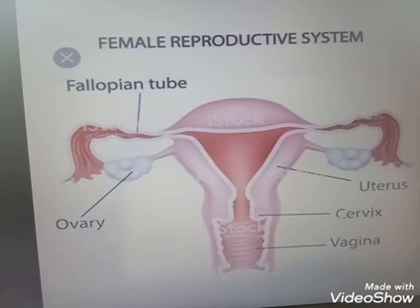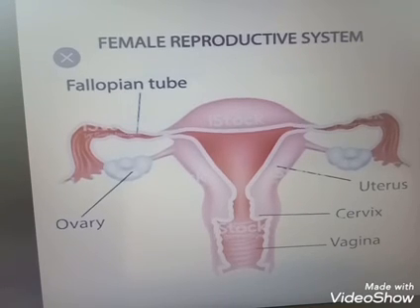And the inner glandular layer is known as the endometrium, which lines the uterine cavity. So the corpus is made up of 3 types of layers.